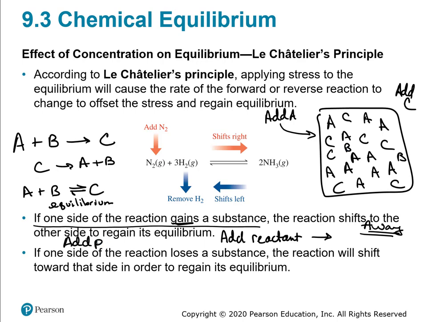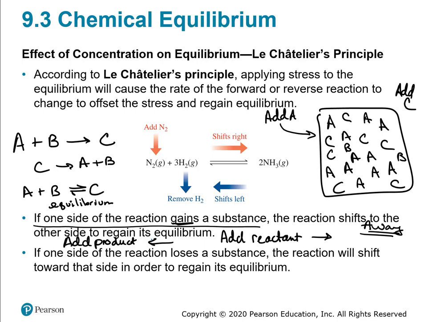So if I add product, the reaction is going to shift which direction, forward or reverse? It's going to go to the left. It'll go in reverse. If I add reactant, the reaction will shift to the right, or shift forward. Whatever I add, the reaction shifts away from it. It doesn't matter if you add reactant or product.